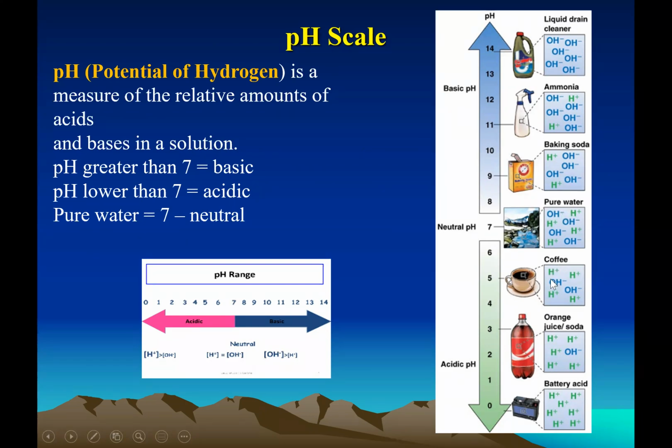If the hydrogen ion concentration is high, it is called an acidic solution. Examples would be vinegar, your salad dressing, orange juice, coffee, all of them are very acidic. Whereas if the hydroxyl concentration is high, they call it alkaline or basic. So most of the cleaning solutions are basic. So this is the pH scale.